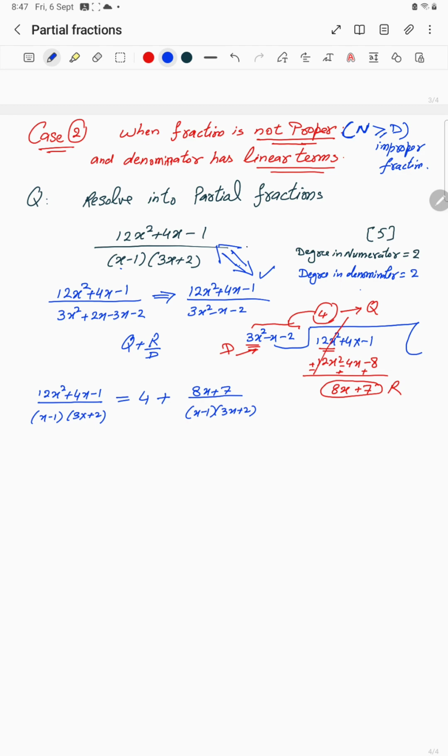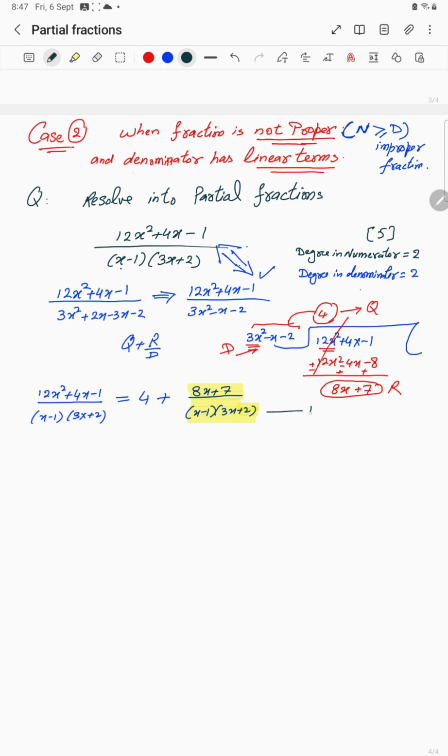Now you can see the fraction I'm going to highlight here. This fraction resembles case 1, where the fraction is proper, because in the numerator we have degree 1 and in the denominator degree 2. So the condition of partial fractions is justified here, and we have linear terms.